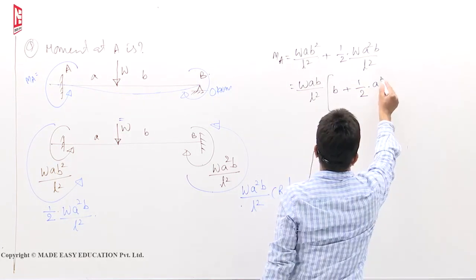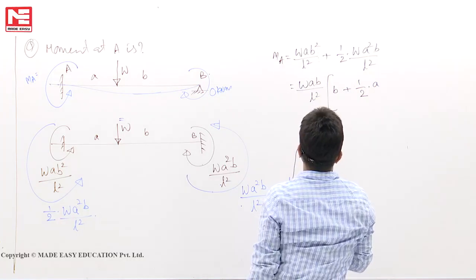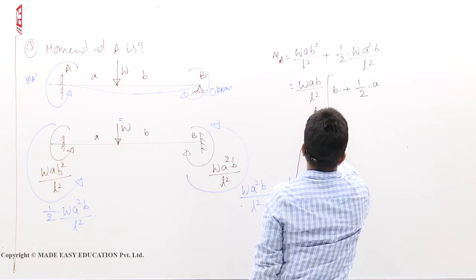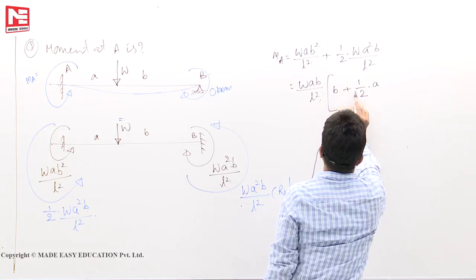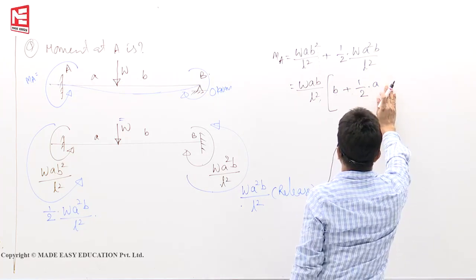b plus a by 2, WAB square by L square, common factor half, WA square B by L square, AB by L square, here B plus A by 2.